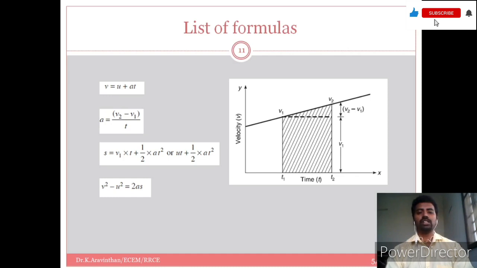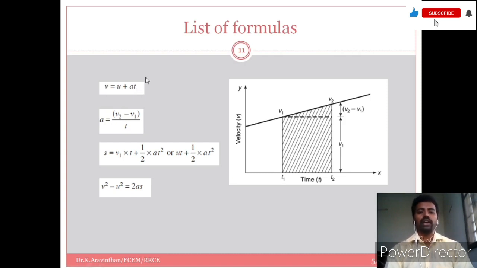This is the first concept. And next, if you need velocity in terms of speed, here you can see that v = u + at, where v is velocity, u is initial speed, a is acceleration, and t is time in seconds.